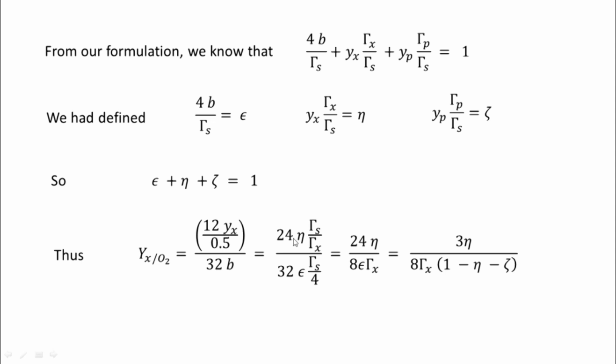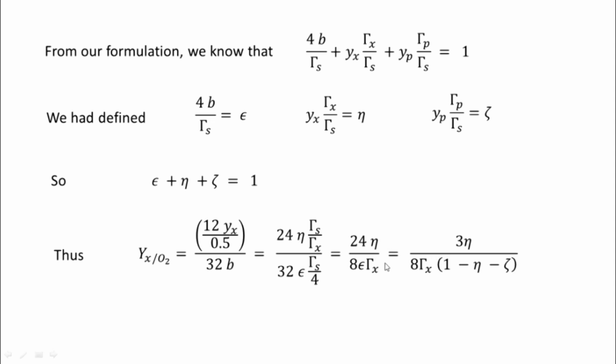This is eta gamma S by gamma X. 32 here. Epsilon gamma S by 4 is shown. 4 times 8 is 32. Yeah, that's what I meant. So 24 eta by 8 epsilon gamma X. The gamma S's would get cancelled here. So this is what remains here.